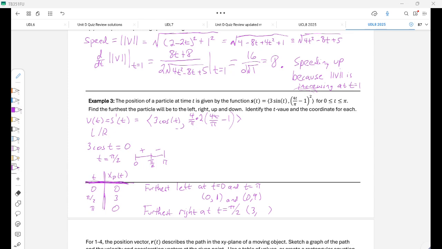Pi's cancel. 4 divided by 2 is 2. 2 minus 1, but squared is 1. Clock watching. 4 times pi over 2 is 2 pi. 2 pi over pi is 2. 2 minus 1 is 1. 1 squared. We're back up here. 1 squared is 1. Okay.